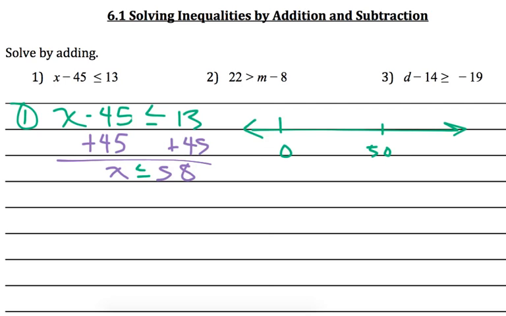And because it can be equal, we need to talk about how you would show this. When we plot on a number line and we want to represent the value of something, we normally would draw a dot. So over here on the side, show a dot, but make sure it looks like it's filled in. And if you have a filled in dot, that means it's going to be included. And what that means is that the answer, 58, is a possibility in this inequality.